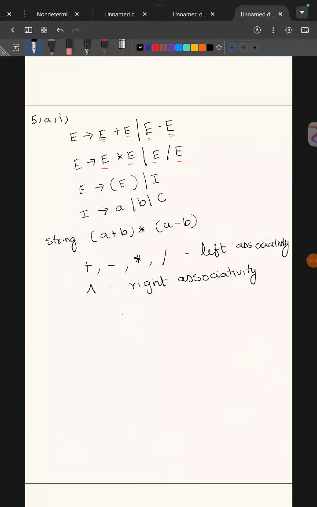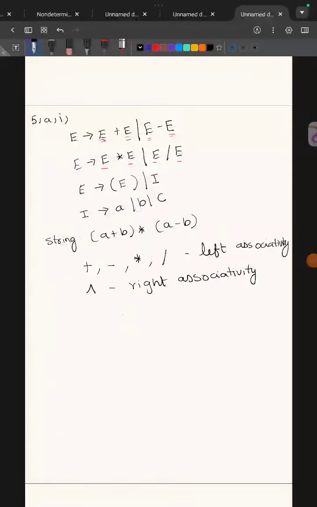If the given grammar is ambiguous, first you have to consider the associativity. Based on the associativity, whether it is left or right: if it is left associativity, on the left side of the symbol we will keep e as it is, and on this side we will introduce a new variable.